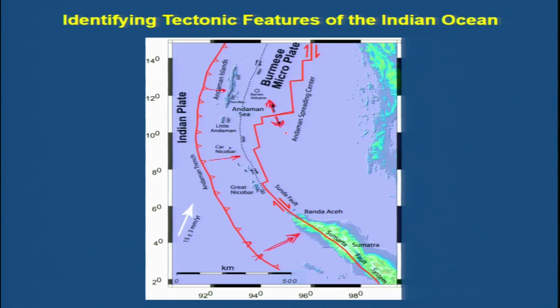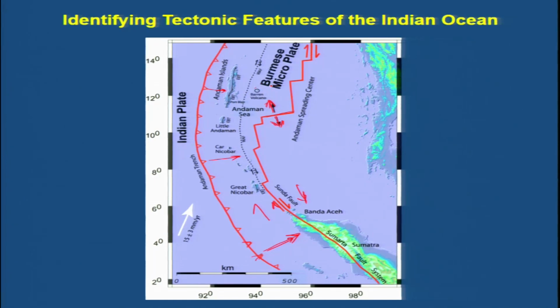So here there is a presence of extensional tectonic regime, and this is Sunda fault, and you can see the sense of motion on this fault is like this. So this part is going up, this part is going down, and similarly you can see here Barren volcano.